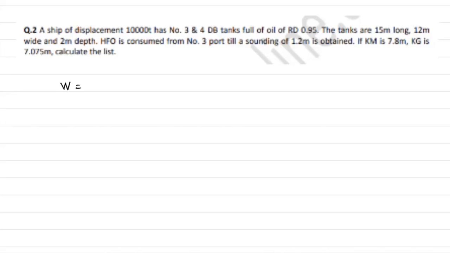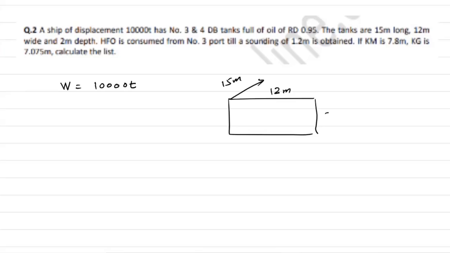Displacement is given, 10,000 ton. It has number 3 and 4 double bottom tanks, which are full. Let's talk about one tank. The tank is 15 meter long, and we are looking in the transverse direction. So this is 15 meter long, 12 meter wide, and 2 meter deep.